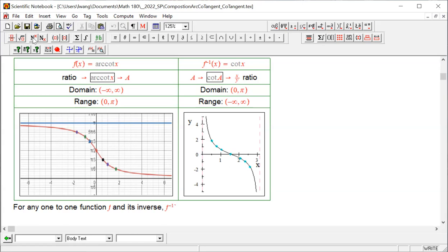One's domain is the other's range. This is always true. We know the following is always true: the composition of them, F composite F inverse of x, is going to equal x for x in the domain of F inverse.